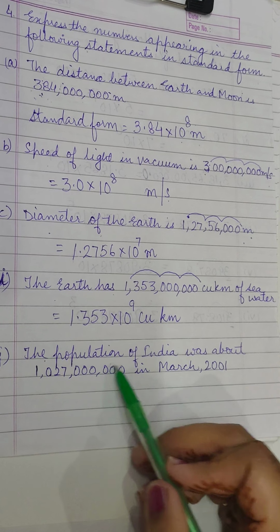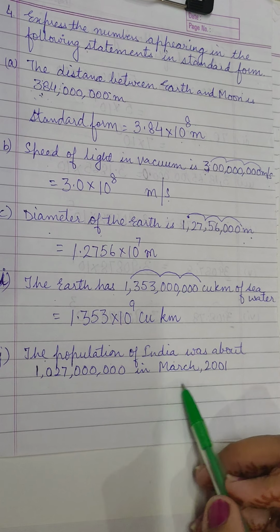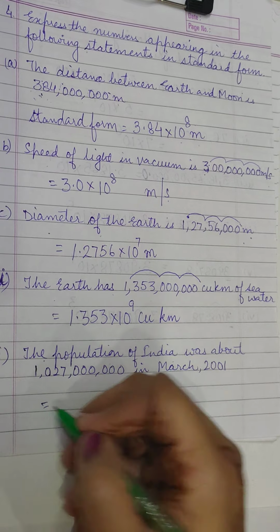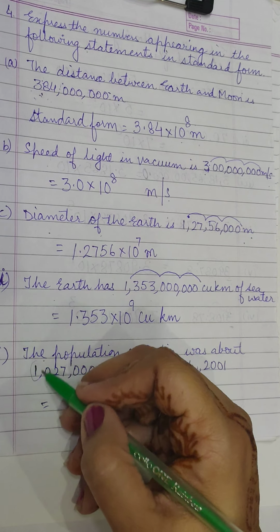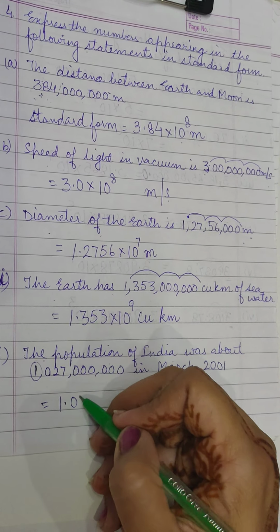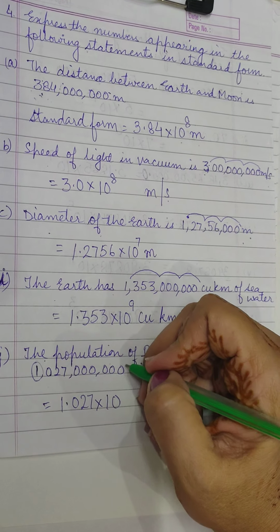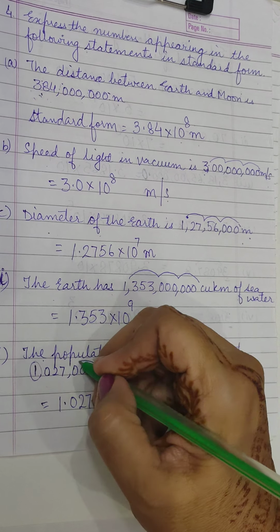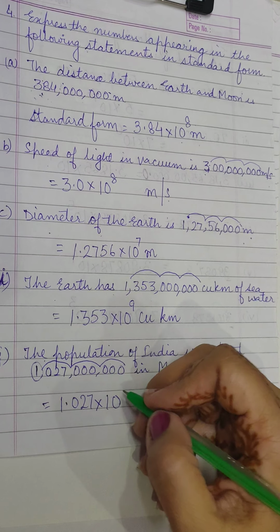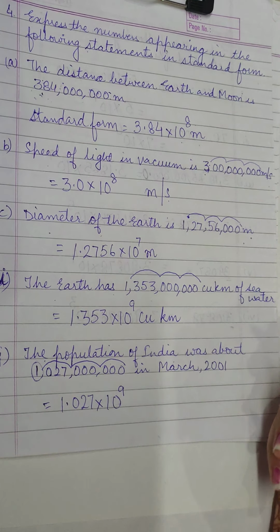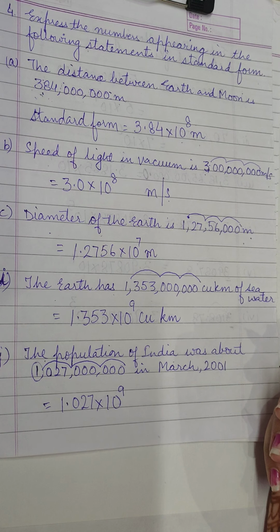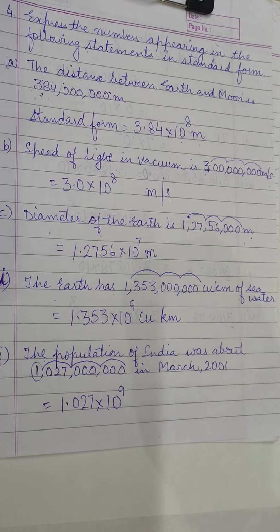J part, the population of India was about this much in March 2001. So again the decimal has to come after 1. So it will be 1.027 multiply. Now see how many places the decimal will have to move. 3 plus 3, 6 plus 3, 9 people were there in India in March 2001. So now complete this question yourself.